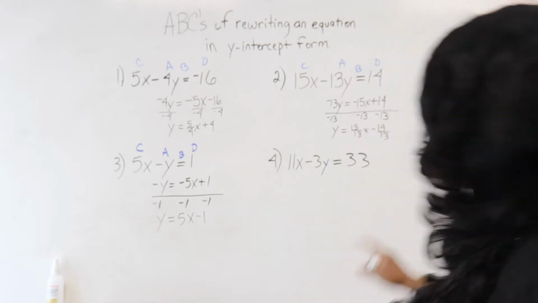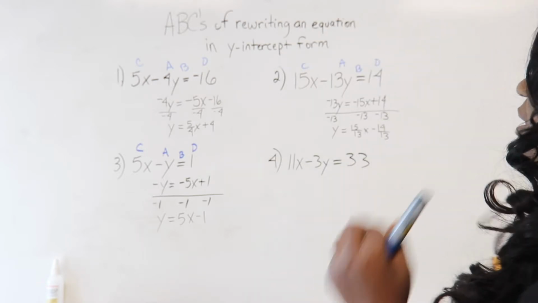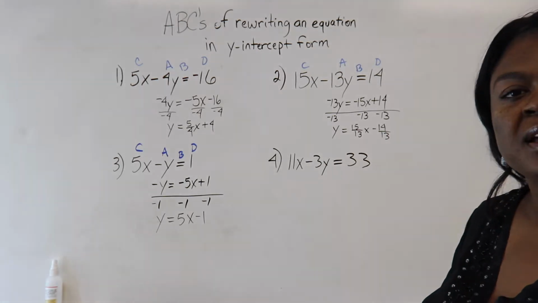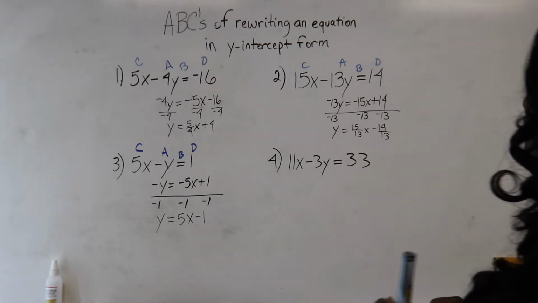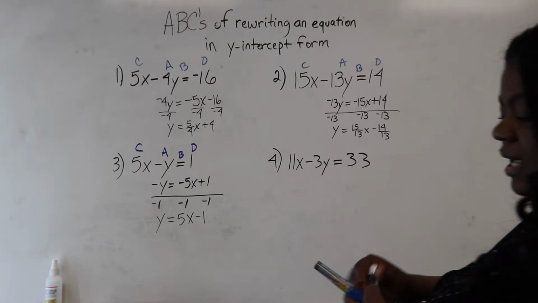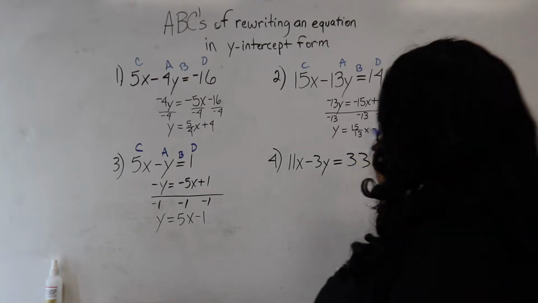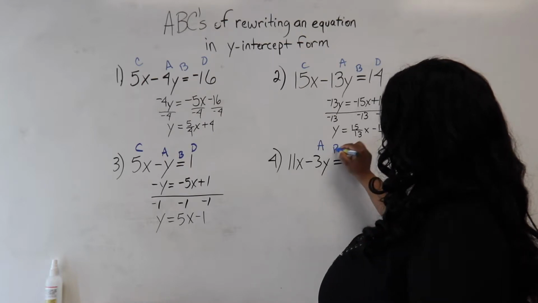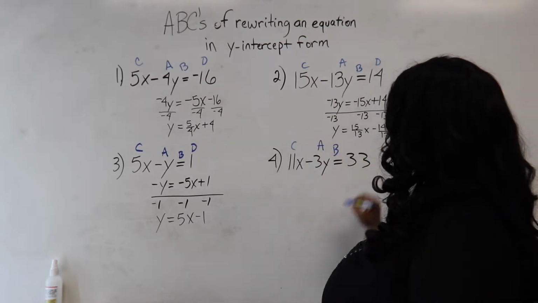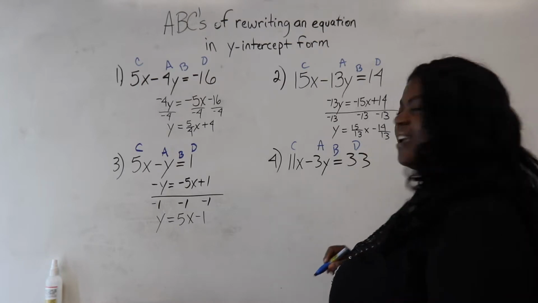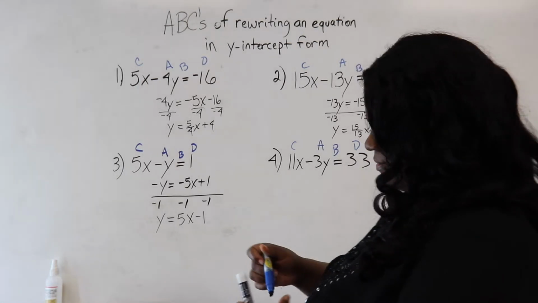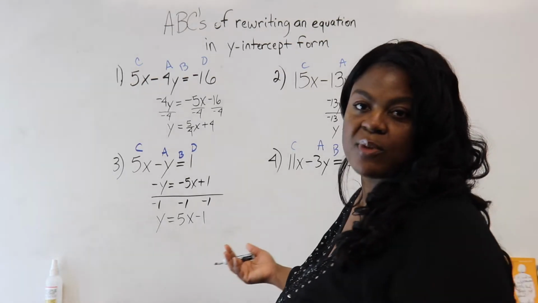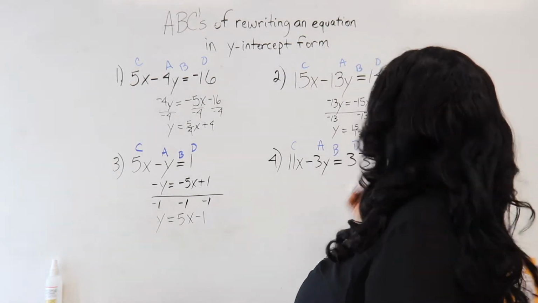So look at it for a moment. What do you think the answer is going to be? Where's the A, the B, the C, the D? All right, now let's do it together. Hope you got it right. Did you put A here, B here, C here, and D here? If you did, excellent. Let's rewrite it in the proper form.